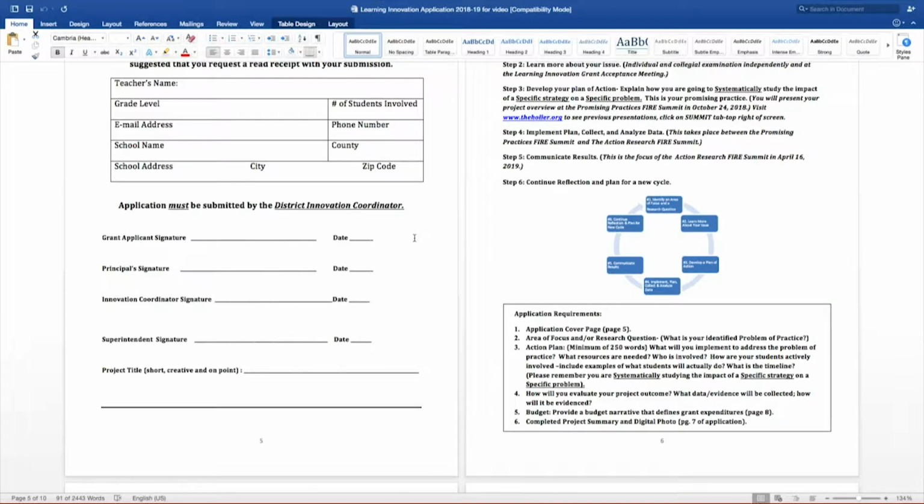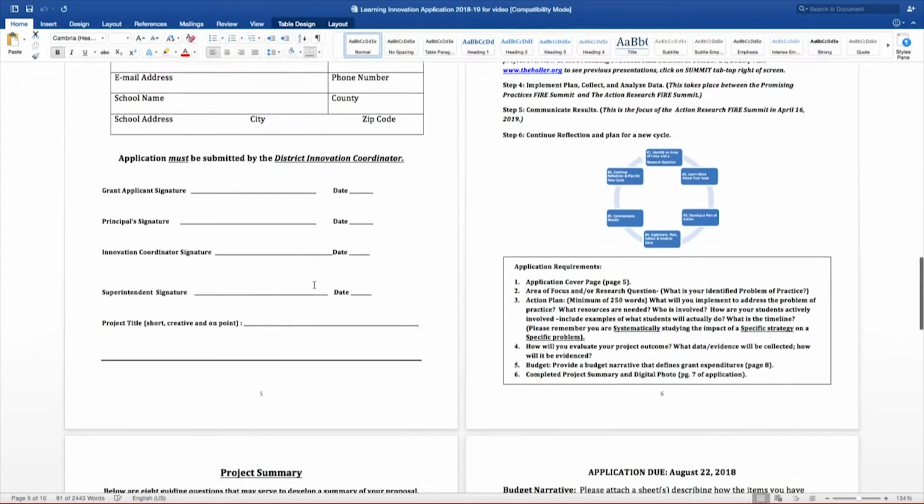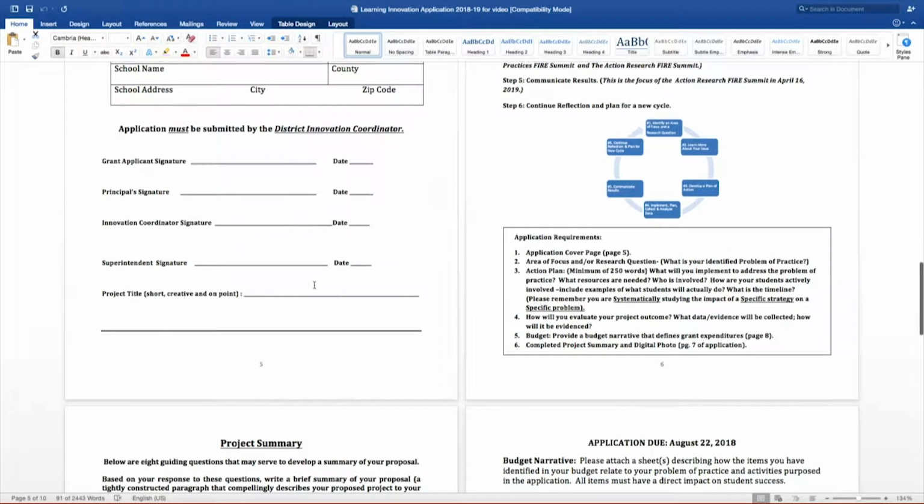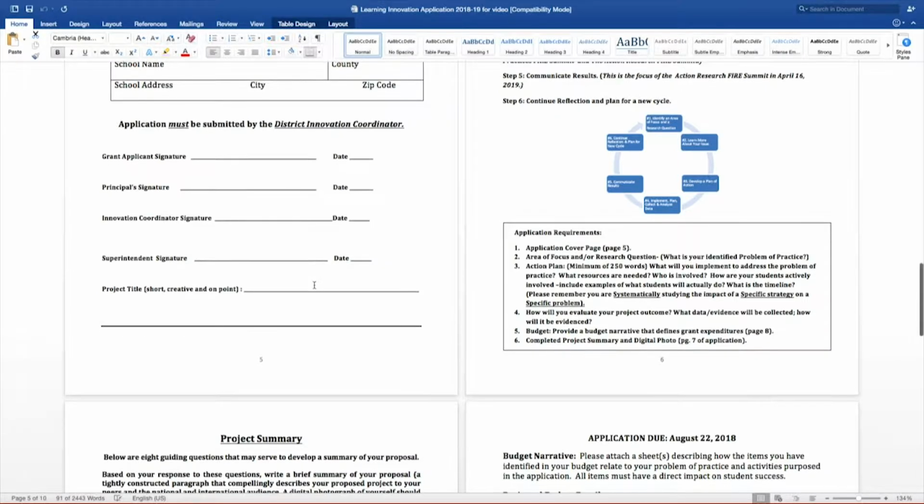We want them to understand that you are applying for this grant, and that they will need to monitor it throughout, and they need to make sure you get your materials ordered, and that information is sent to them and on out to you. So your principal must sign it, the innovation coordinator must sign it, and the superintendent, because he or she needs to be aware of what's going on.